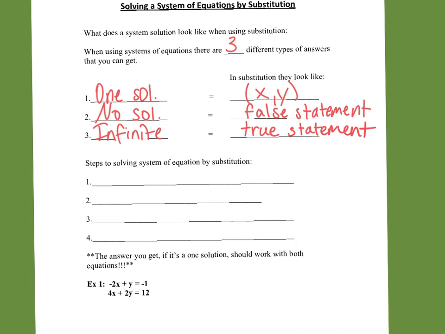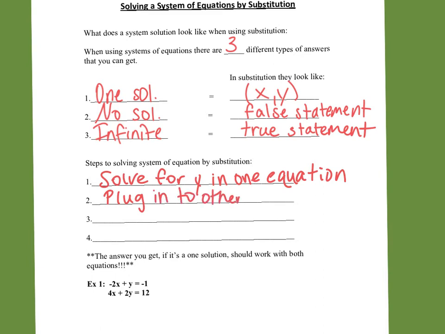Steps to solving by substitution. What you want to do is solve for y in one equation. Anybody remember doing this before? Because you have. Solve for y in one equation. Plug that in to the other equation. Then you're going to solve that equation for x.